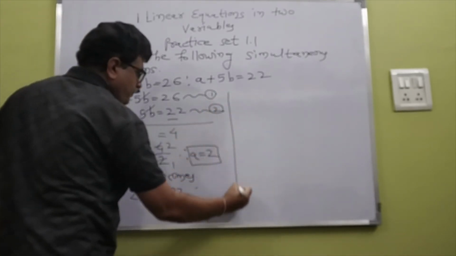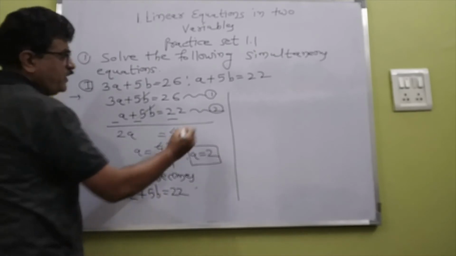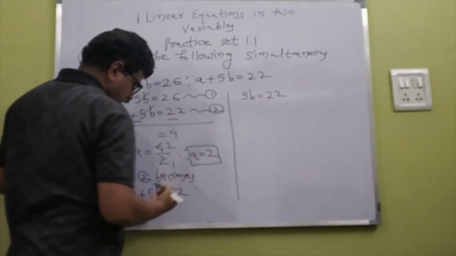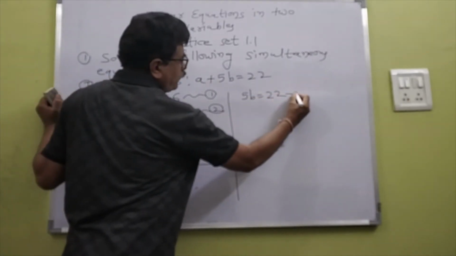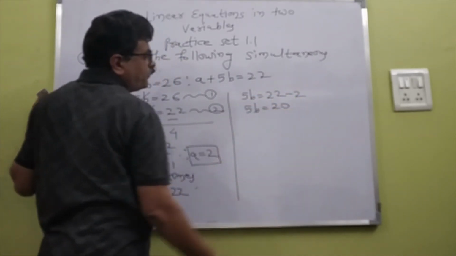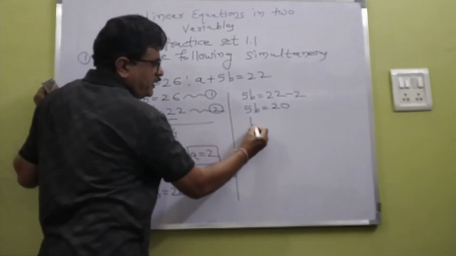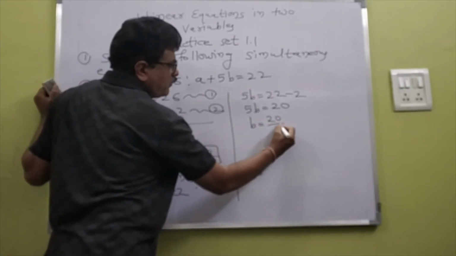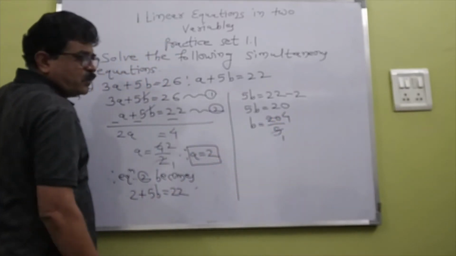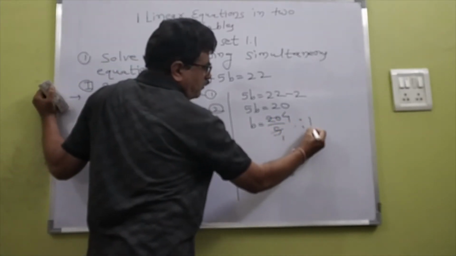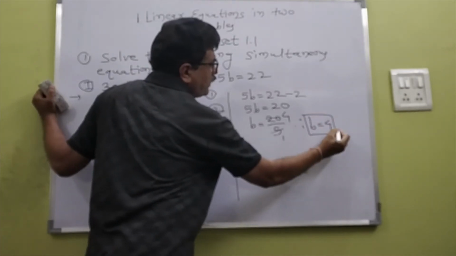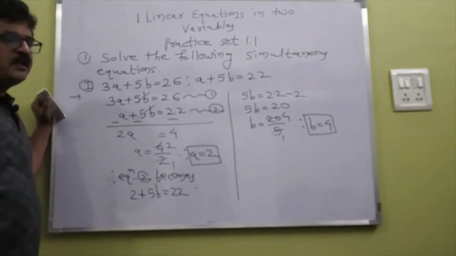Therefore 5b is equal to 22 minus 2. 5b is equal to 20. Therefore b is equal to 20 upon 5. Dividing by 5, 4. Therefore b is equal to 4. This is the value of b.